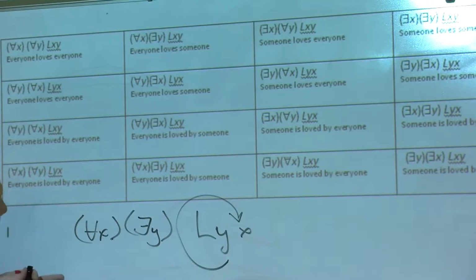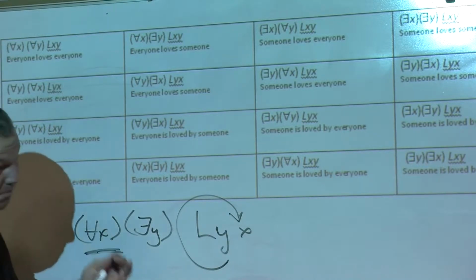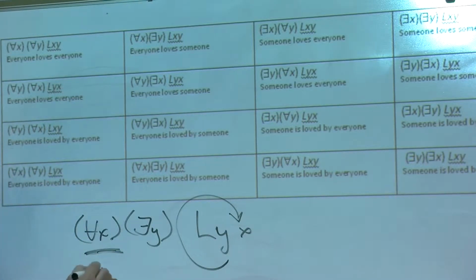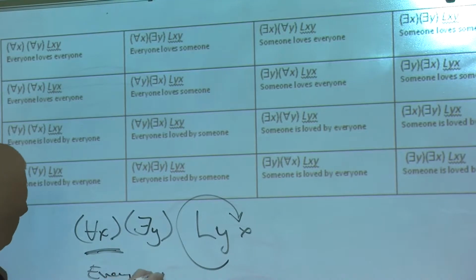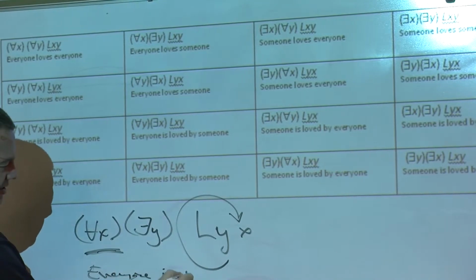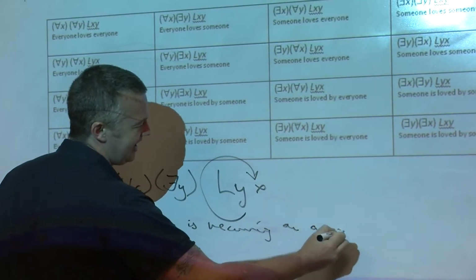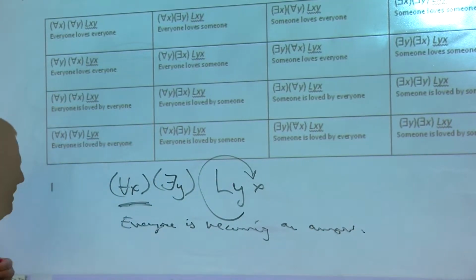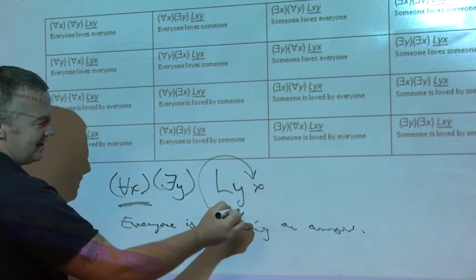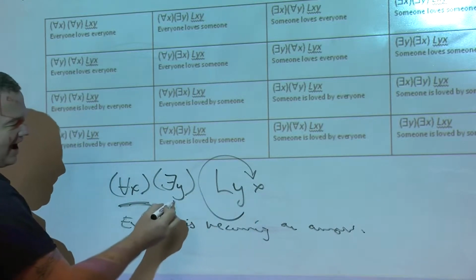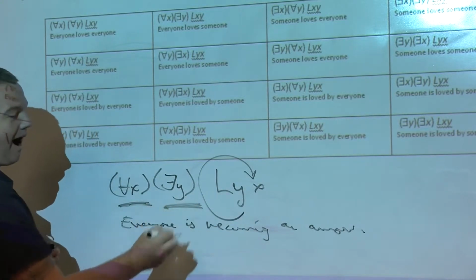And what are we saying here? We're saying that everyone is a recipient of the arrow of love. So everyone is loved by. Everyone is receiving an arrow. And where are they getting the arrow from? They're getting the arrow from a y. And who's the y? The y is some y.